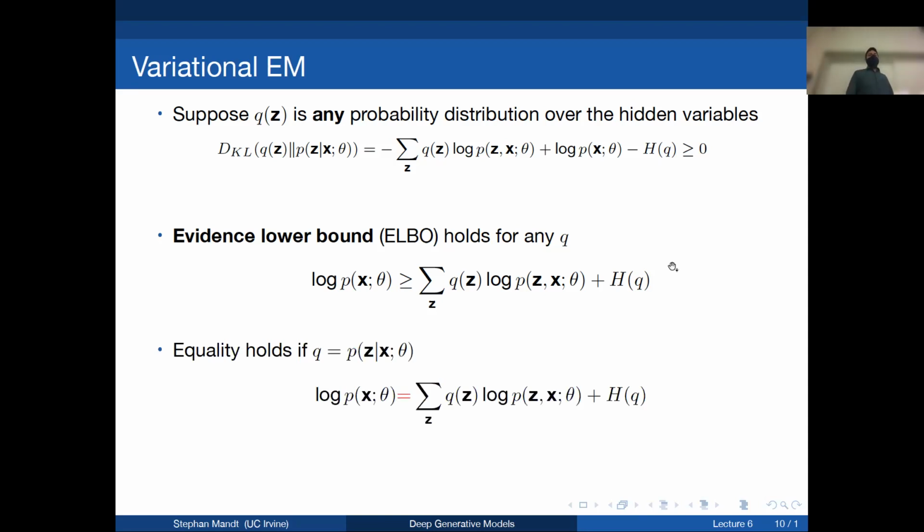It turns out that both are equal if Q is exactly the posterior. You can easily verify that because in this case, the KL divergence is exactly 0 if both distributions are equal. Then you can show that on the right-hand side, this also has to be 0. This exactly tells you that the log marginal distribution equals the ELBO. In other words, this lower bound becomes tight if Q equals P.